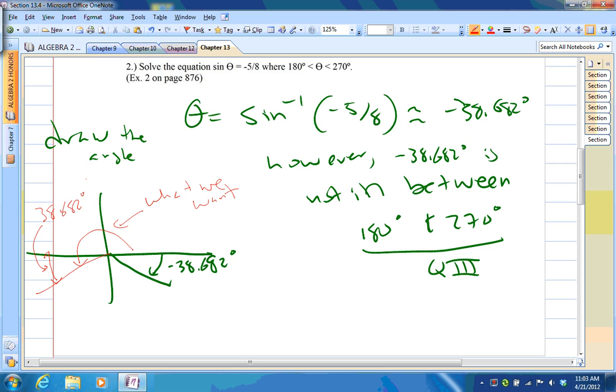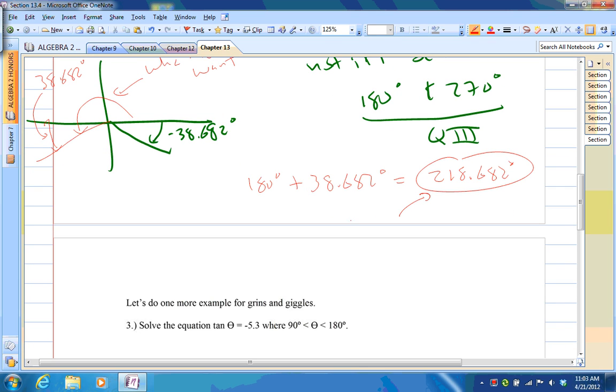So what we're looking for is going to be 180 degrees plus 38.682 degrees, which will be 218.682 degrees. This right here is equivalent to negative 38.682 degrees when taking sine of theta. It's a little bit tricky, and I'll probably have to explain it again in class.